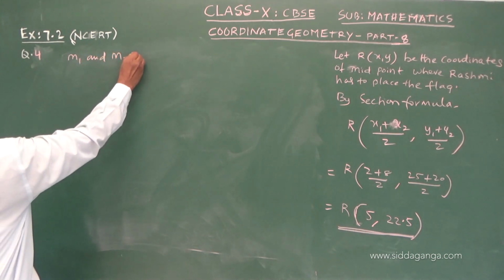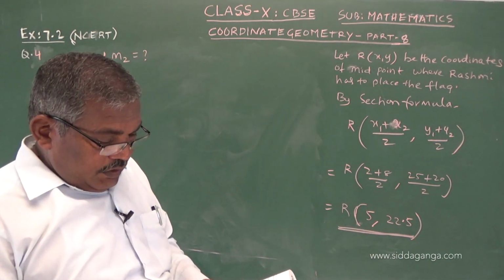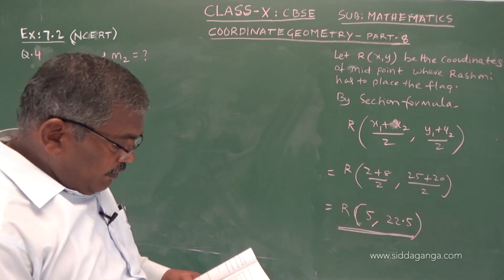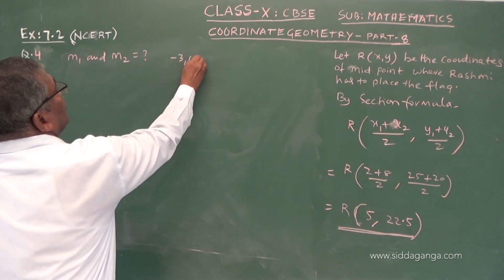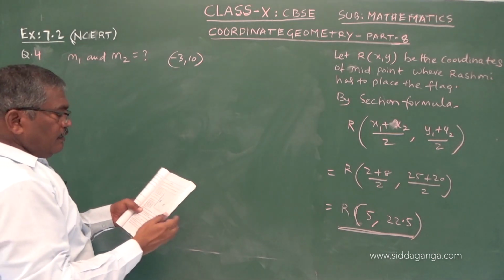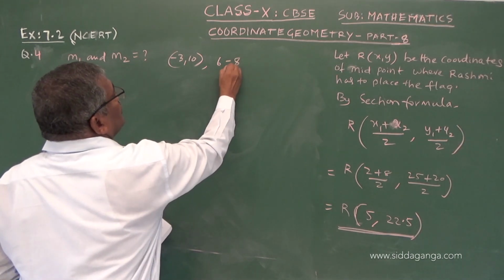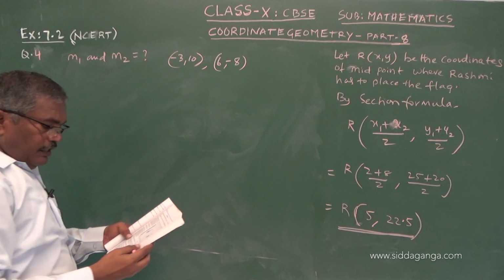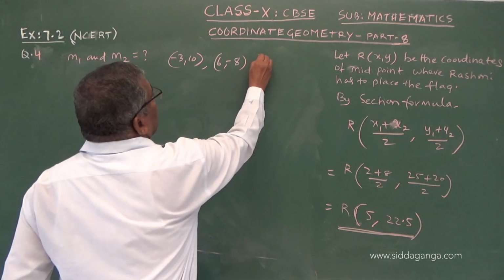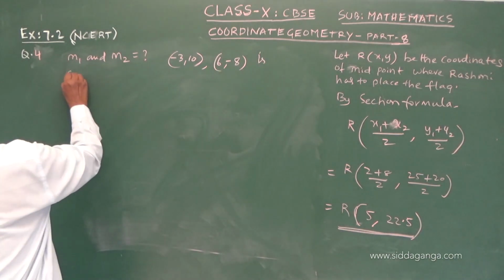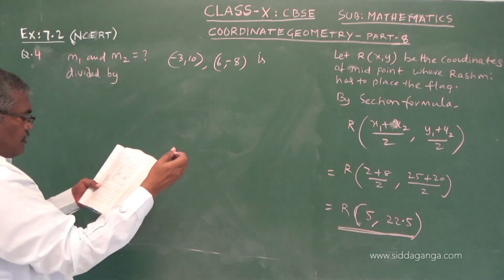The given points are minus 3, 10 and 6, minus 8, and it is divided by the point minus 1, 6.